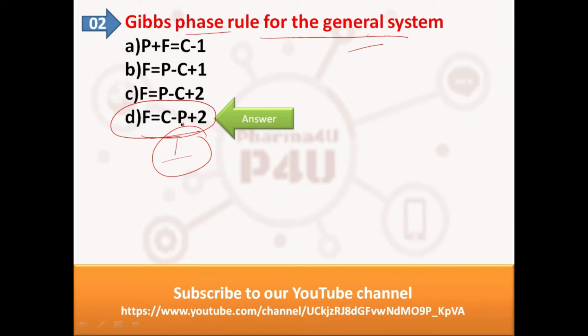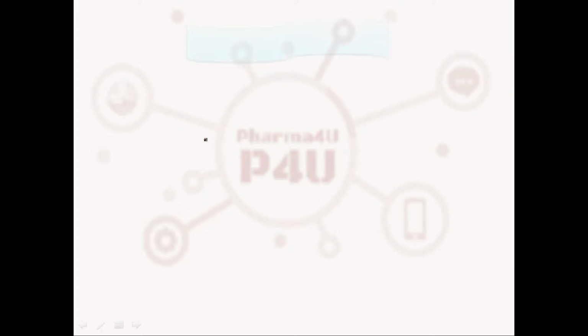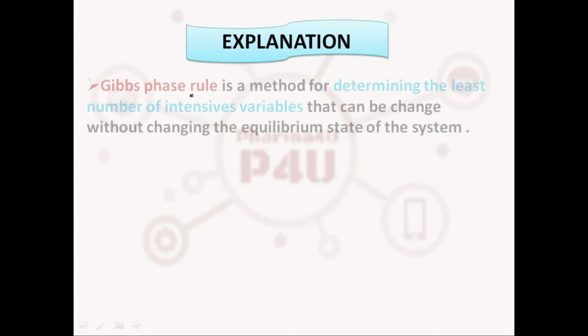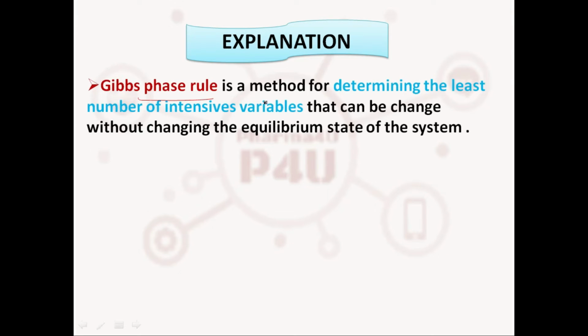So let's discuss some information about the Gibbs phase rule. The Gibbs phase rule is a method for determining the least number of intensive variables that can be changed without changing the equilibrium state of the system.